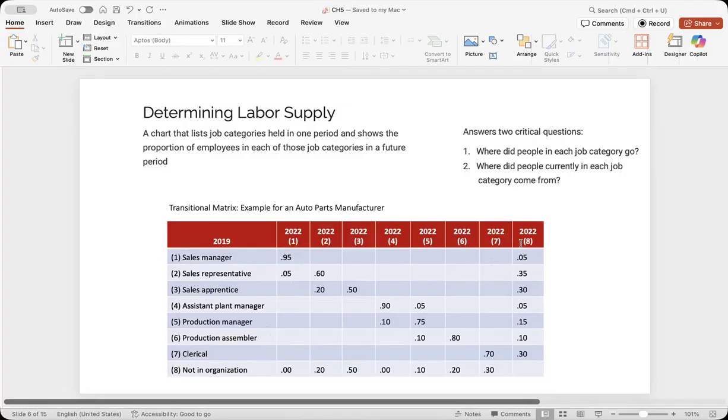5% of them, number eight, are no longer with the organization, right? So 5% of the people who were sales managers in 2019 by 2022 are no longer with the organization.